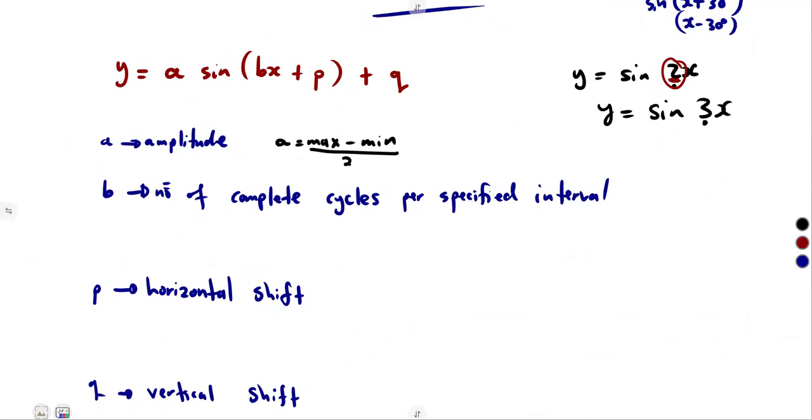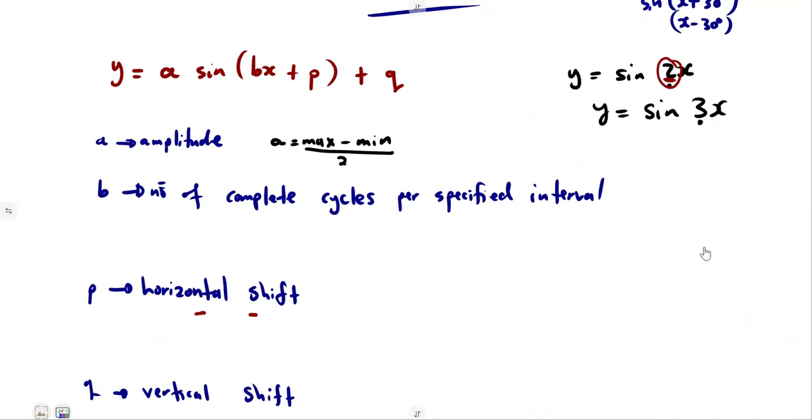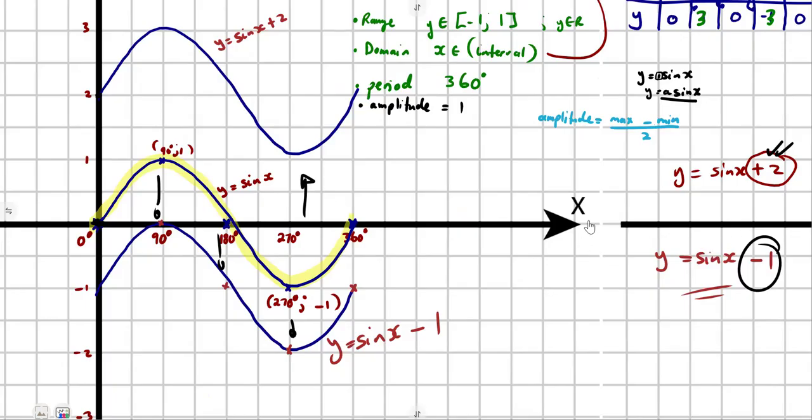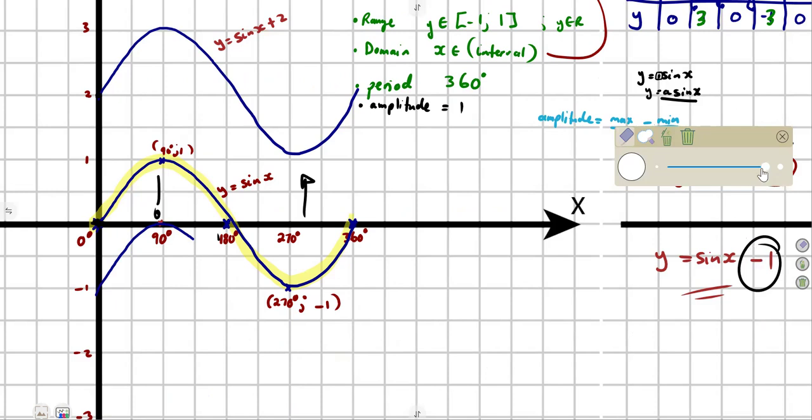which is actually a different thing from the effect of P when it is a horizontal shift. All right. Let's just consider that one. Then we look into the last one, which is the effect of the number of cycles. All right. So this one, let's just pause. I just want us to work with that original graph, this one. So that's why I do not want us to remove this information.